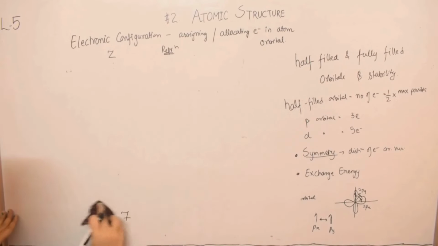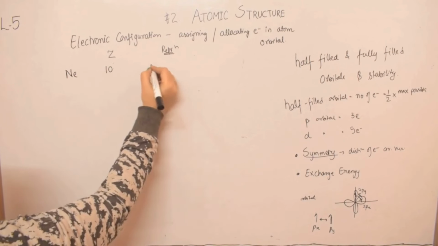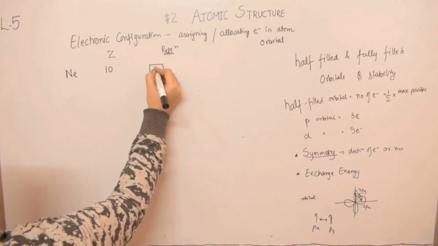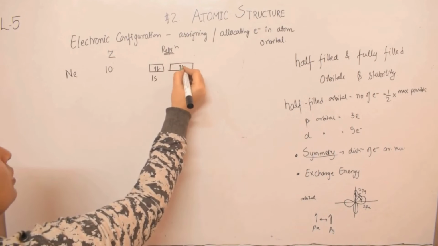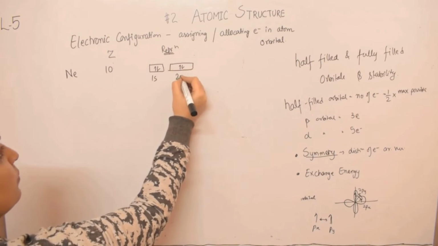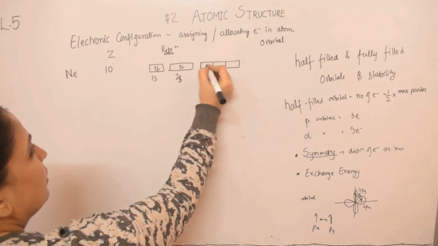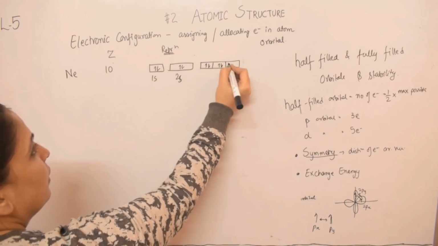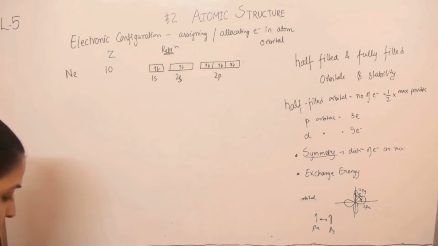So neon is atomic number 10 and has an electronic configuration: 2 electrons in 1s, 2 in 2s, 6 in 2p. Okay, this is 10 electrons in neon.